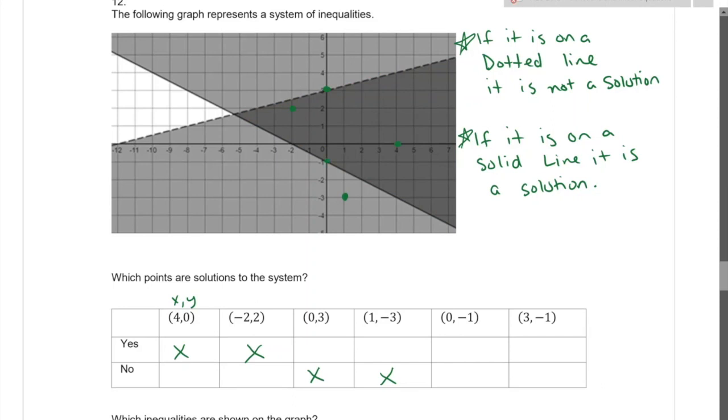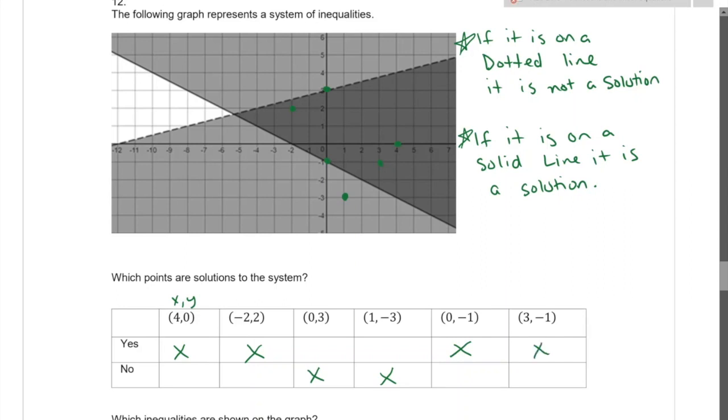Okay, it's on the solid line. So what did we just put? If it is on the solid line, it is a solution. So this is a true statement. And 3 and negative 1. So 3 on the x-axis, go down to negative 1. Once again, it's in the dark area, so yes. Okay, very easy one too.